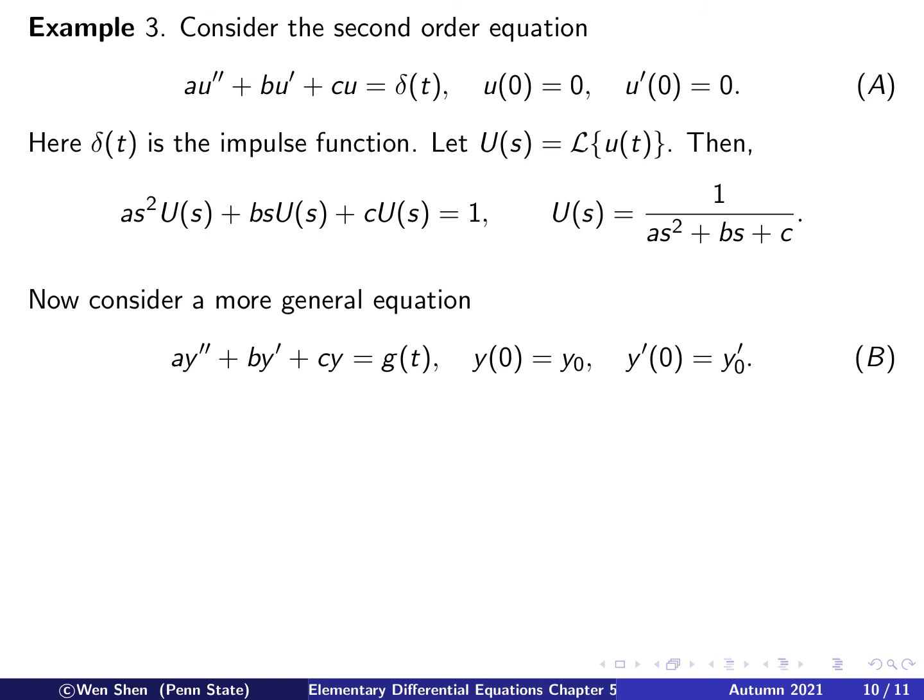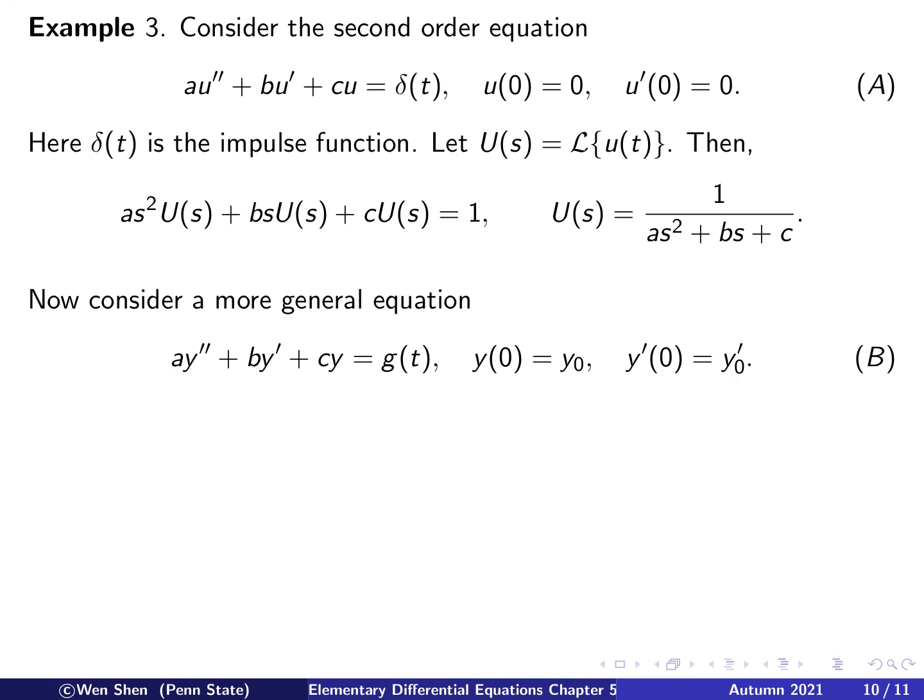And now let's consider a more general equation, where we use y as the unknown. As you see, the left hand side is the same as A, and it equals some function g of t, not just delta here. And the initial conditions are not 0, so y(0) is y naught and y prime(0) is y naught prime, so they don't have to be 0.